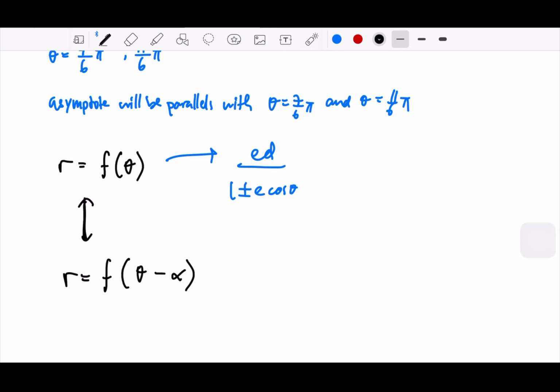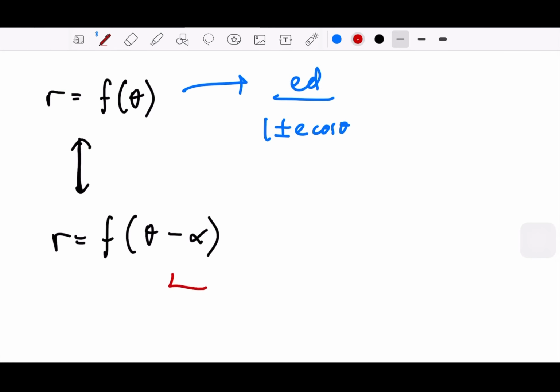What is happening now is we are rotating our curve, because this is in polar. How about the rotation? Is it going to rotate clockwise or counterclockwise?